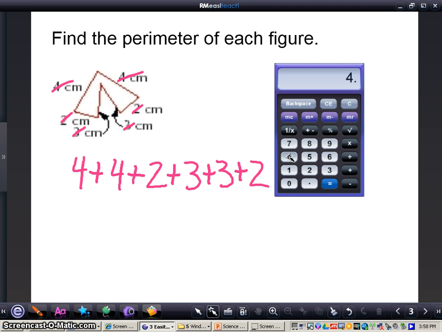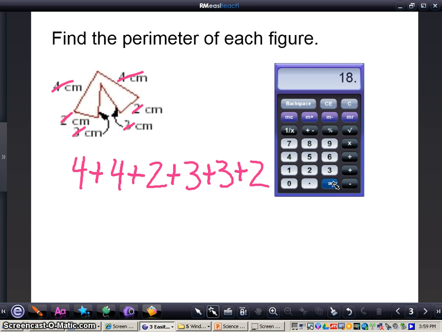So 4 plus 4, then plus 2 plus 3 plus 3 plus 2, that's going to give me 18. I like to do this just one more time to double check, so I will clear everything out, then add it again. 4 plus 4 plus 2 plus 3 plus 3 plus 2.